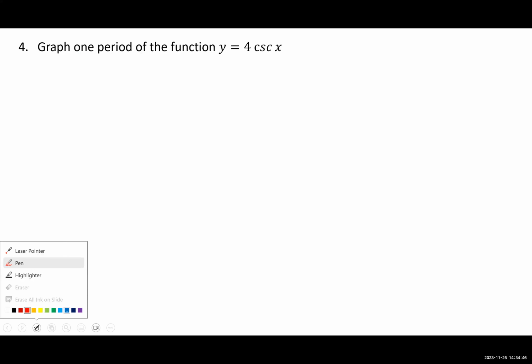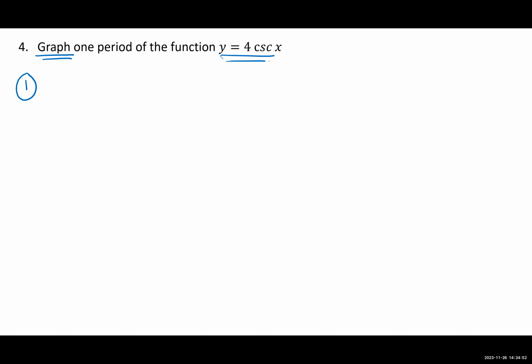So step one in this process of graphing 4 times the cosecant of x: step 1 is graph y equals 4 times the sine of x, right? We want to graph 4 times the cosecant of x, so let's graph 4 times the sine of x, because the cosecant and the sine function are reciprocals of each other.